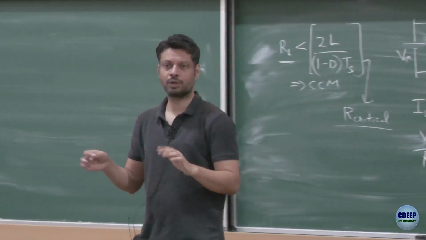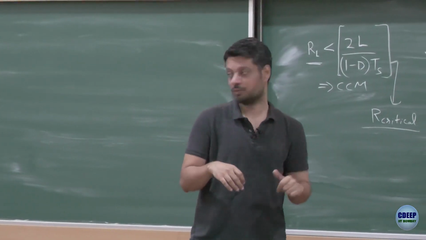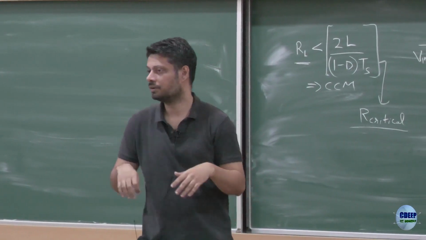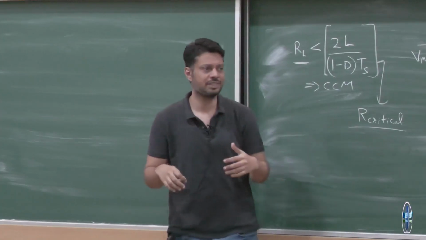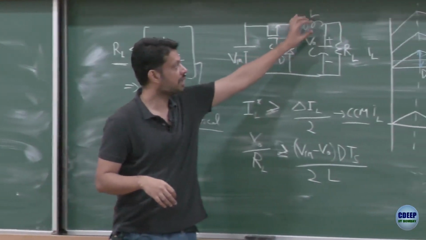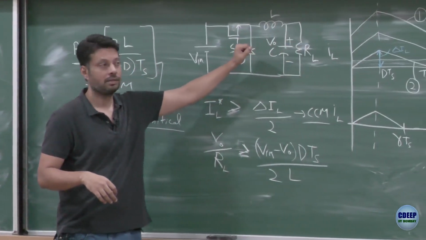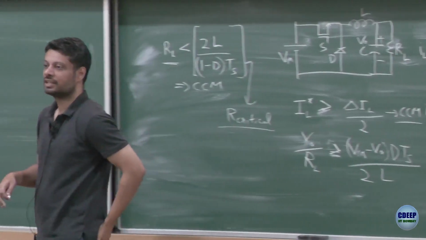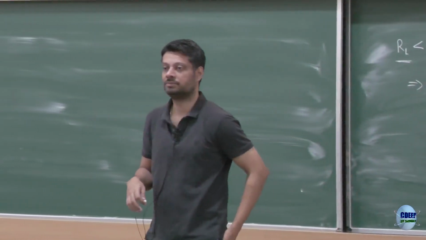You don't have to look at the expression which you derived last time, but that's an option. Or don't look at the formula and just think. You remember the current source here, you remember the ripple current going in the capacitor. In which case would the ripple current be higher?